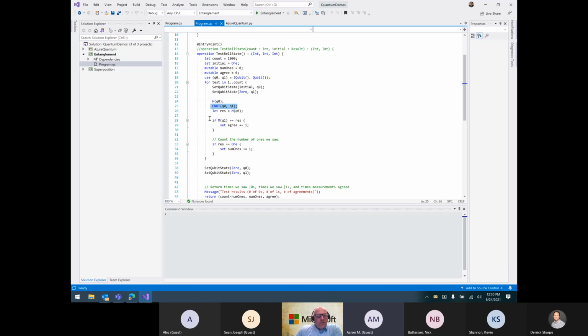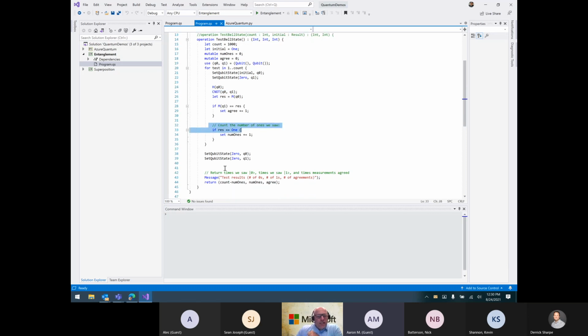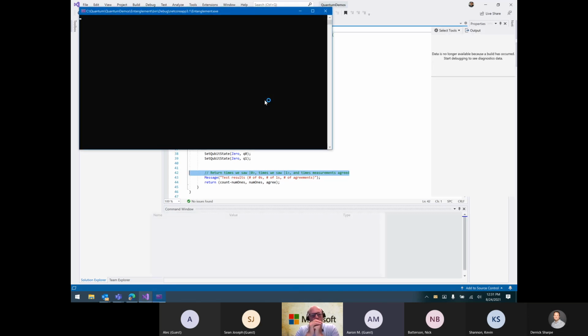It says count the number of ones we saw, and then it's going to measure how many times we got agreement between the two values, okay?